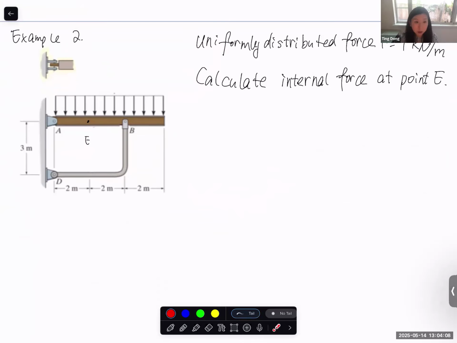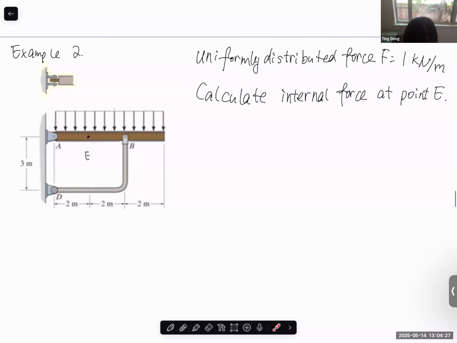So for this one, it's a uniform distributed force, 1 kilonewton per meter. And we have dimension given. This dimension is also given.